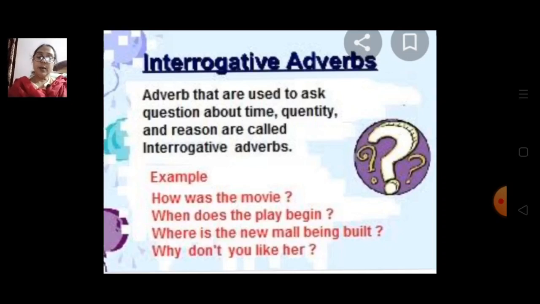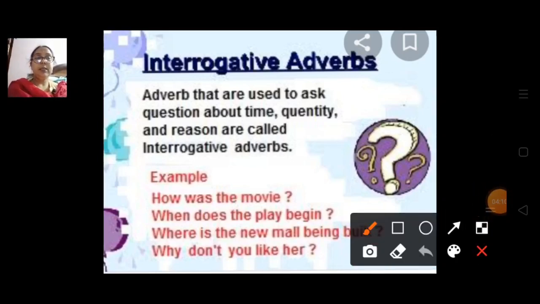They usually come at the beginning of the sentence. When used for asking a question, it will come at the first or second place of the sentence. Now I am going to give you a few examples of interrogative adverbs.